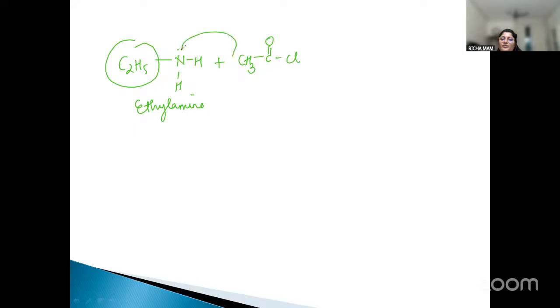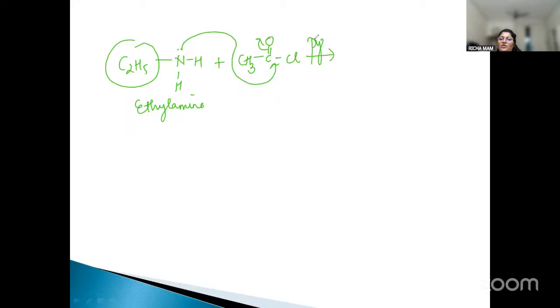So, let me give an example, then you'll come to know. Okay, so what is the name of this? This is ethyl group. So, it is ethylamine. React it with an acid chloride. So let me take acetyl chloride. So this lone pair will attack the carbonyl carbon. And what am I going to get?